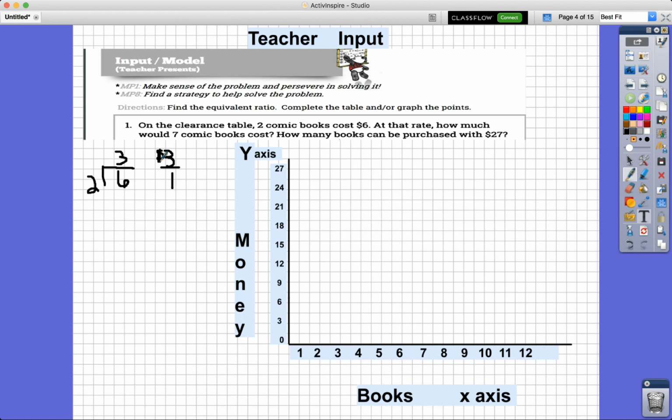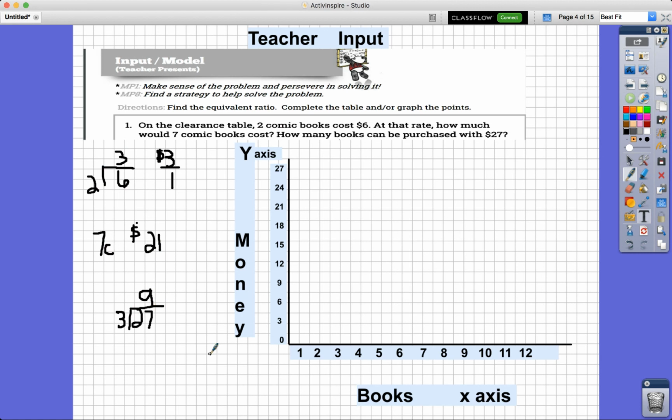Once I know the unit rate, I can find the value for 7 comic books. 7 comic books are going to cost, well, if my unit rate is 3, 7 times 3 is 21. And how many books can be purchased with $27? Well, again, I know they're $3 a book. 3 goes into 27 9 times.